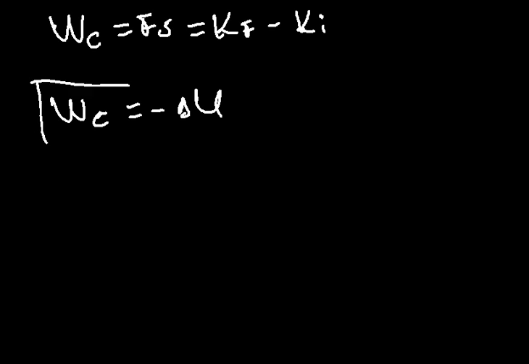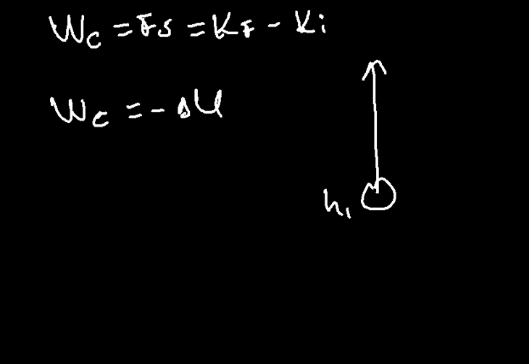This is true for all conservative forces. Let's say we have an object being raised up, so the object is gaining height. This is the initial position and this is the final position. For this case, the final position is larger than the initial position. Therefore, the change in position is positive, and that corresponds to an increase in the potential energy.